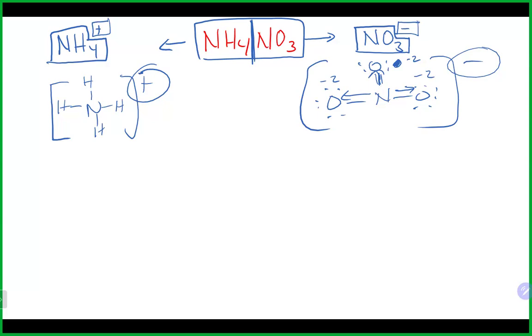Now, the nitrogen in this particular case is going to end up having a +5 charge because its electrons are moving away from it. It's becoming more and more positive in that bond. They're still bonded together. The electrons haven't transferred or anything like that, but those electrons in those bonds are moving further and further to the oxygen, and it's making the nitrogen in the middle more and more positive.